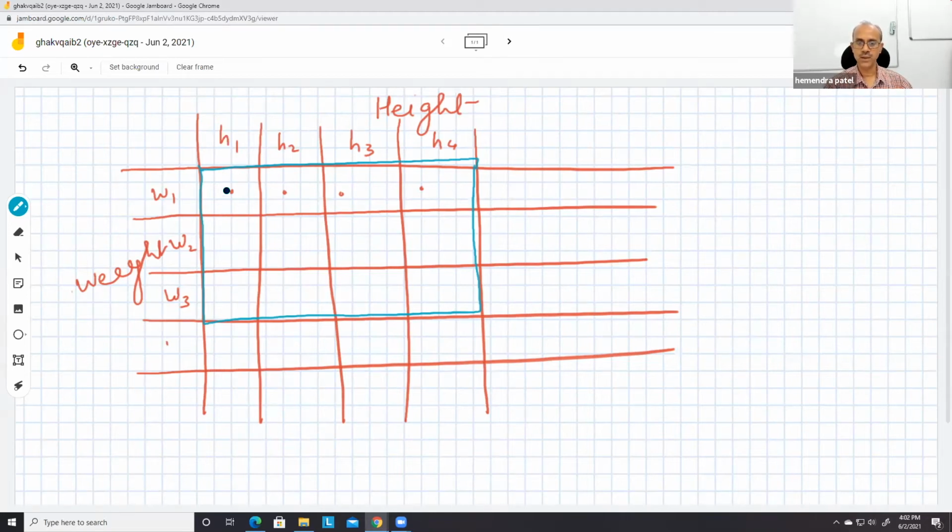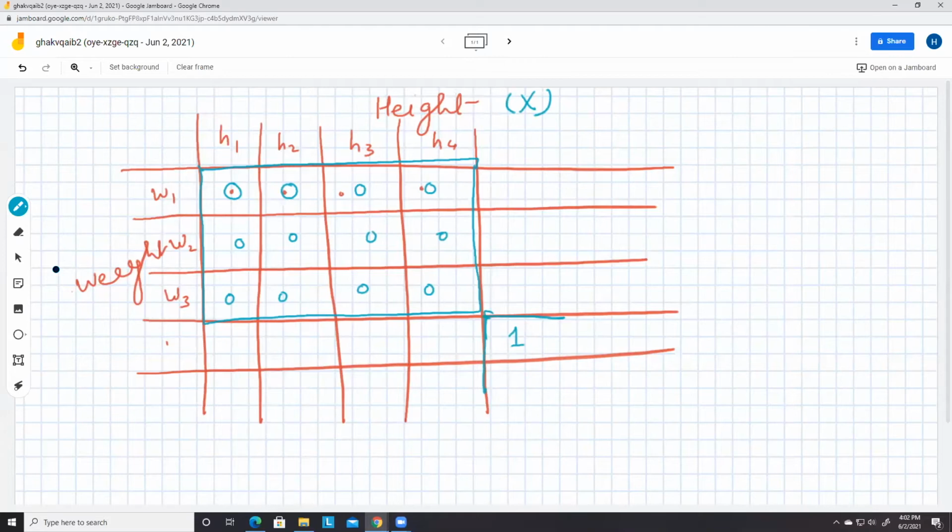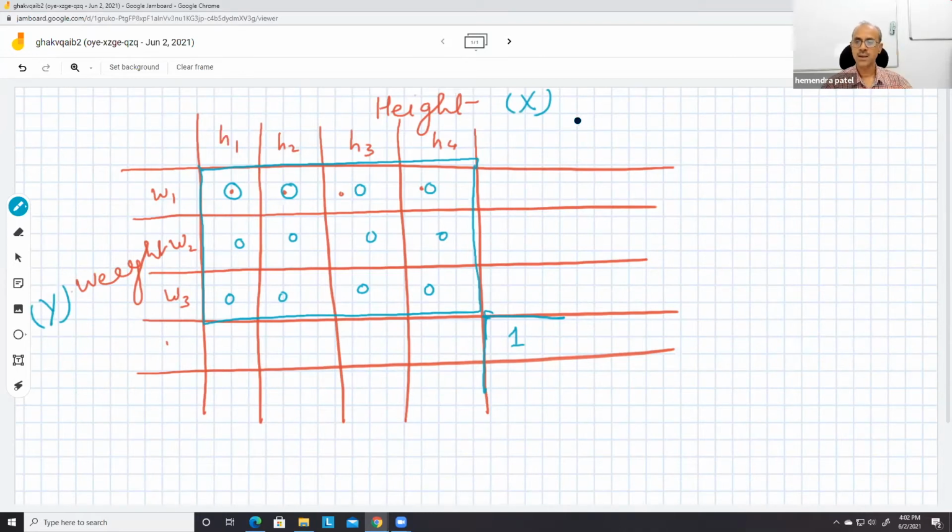This matrix, when these numbers are probabilities such that the total of all these numbers is equal to 1, is the joint probability distribution of two random variables, say x and y. Y is weight and x is height.